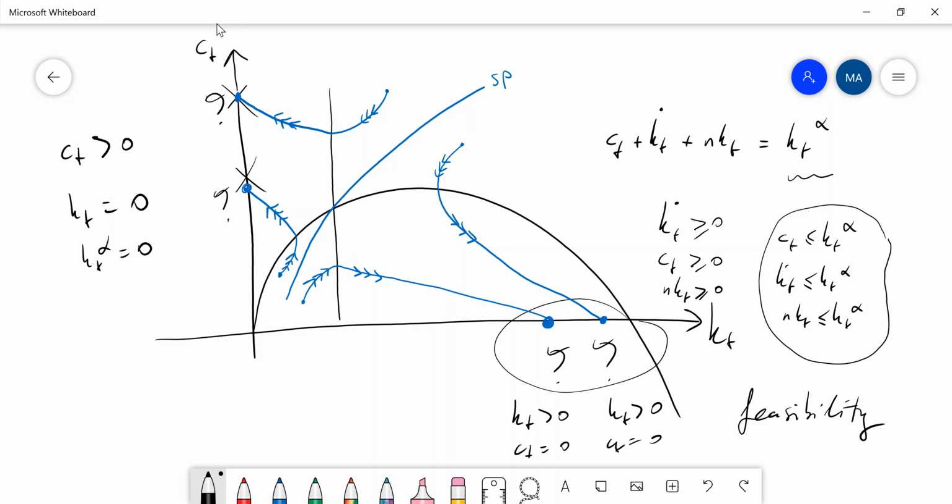This is true even if we do not have log utility. The idea is this: these points, where capital stock is positive and consumption is 0, violate the transversality constraint. Here we accumulate too much capital, and even if it is valuable, we are not consuming it.